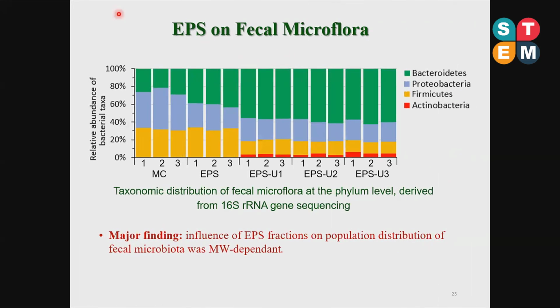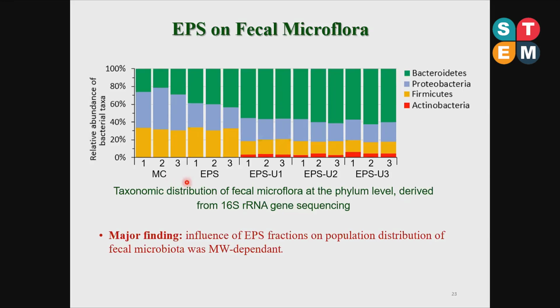Another finding: we also measured the population distribution of the fecal microbiota through a genomic method. You can see that the control is methylcellulose, an inert polysaccharide which cannot be utilized.